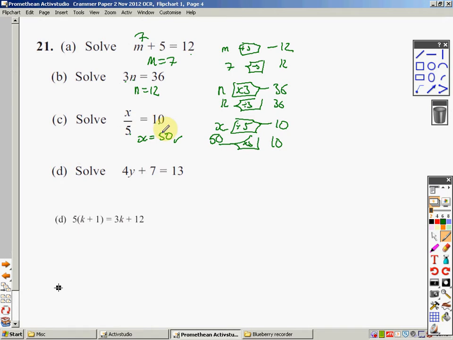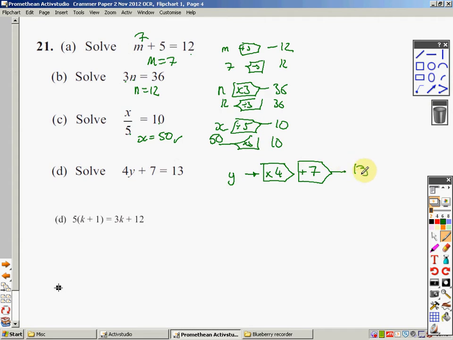Okay. Solve 4y plus 7 equals 13. This is a two-step problem. y times by 4 plus the 7. I'll draw this a little more neatly as it's a two-stepper. Gives me 13.